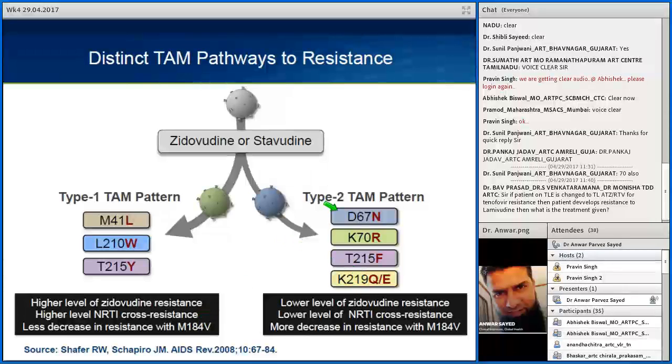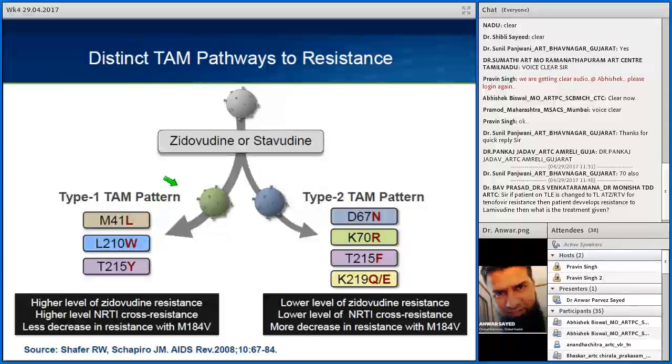If a virus takes the type 2 TAM pattern and there is accumulation of these mutations, there will be lower level resistance to zidovudine. That means they can still be used, with lower level NRTI cross resistance and more decrease in resistance with M184V. So the type 2 TAM pattern is better to have than the type 1 TAM pattern.